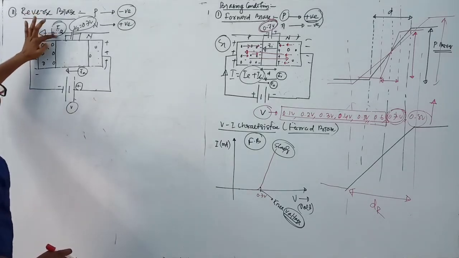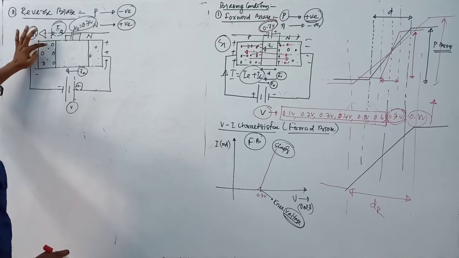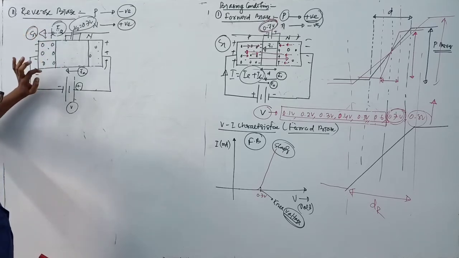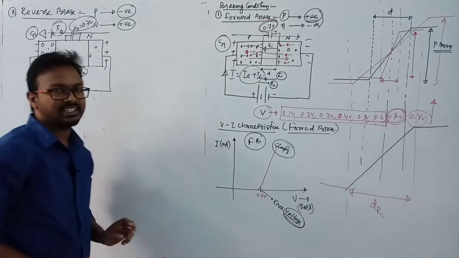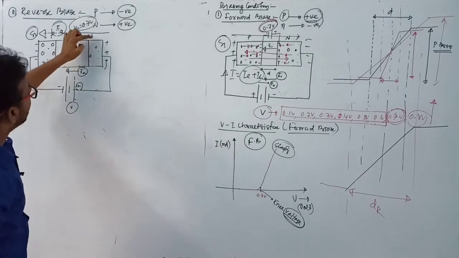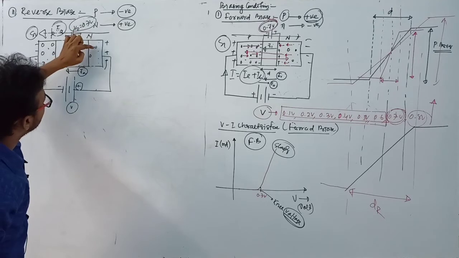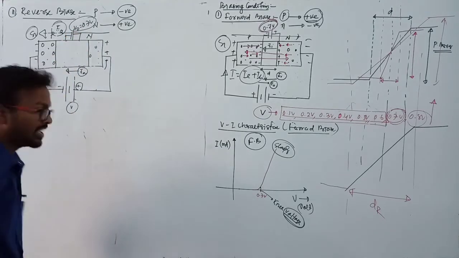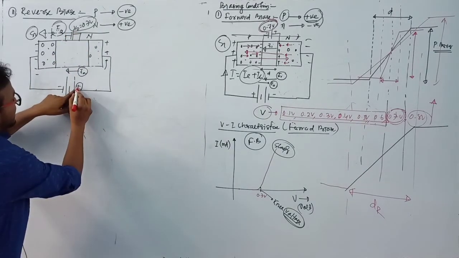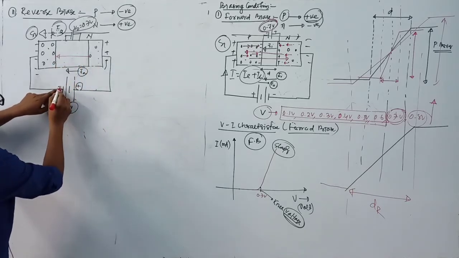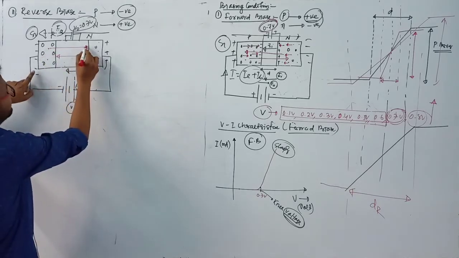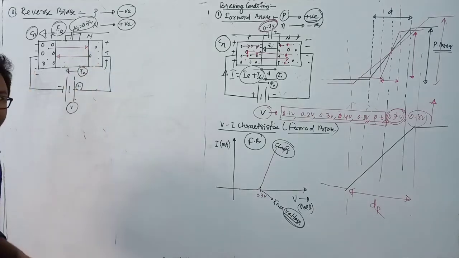But a question arises here. For p-type semiconductor the majority charge carrier is hole, but there is also electron, the minority charge carrier, and also for n-type semiconductor there is also hole as minority charge carrier, and due to this positive charge it will experience a repulsive force toward this direction, and due to this negative charge it will experience a repulsive force towards this direction.